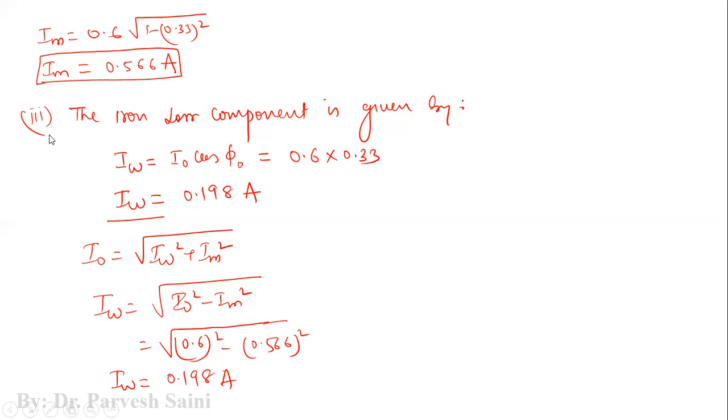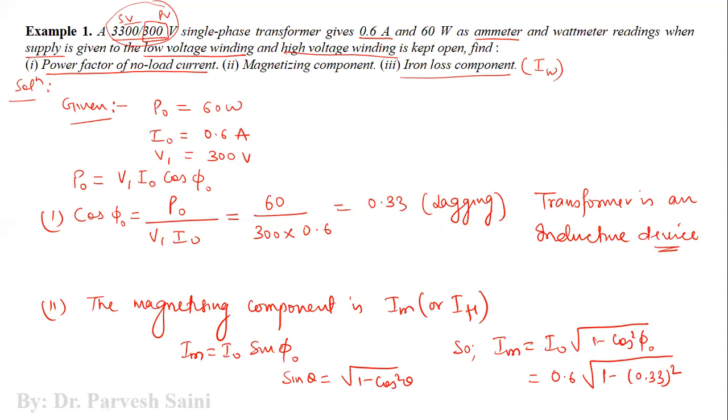So this is a numerical we have taken up, which is related to the no load concept of the transformer. In this, we have calculated all the parameters which are associated with the no load condition of the transformer.